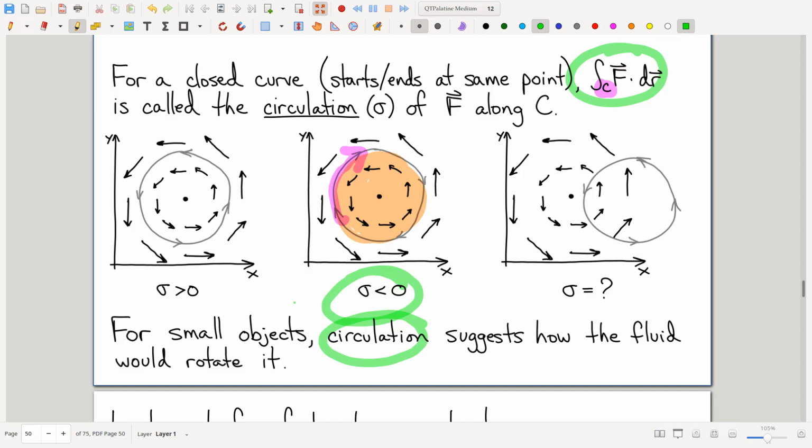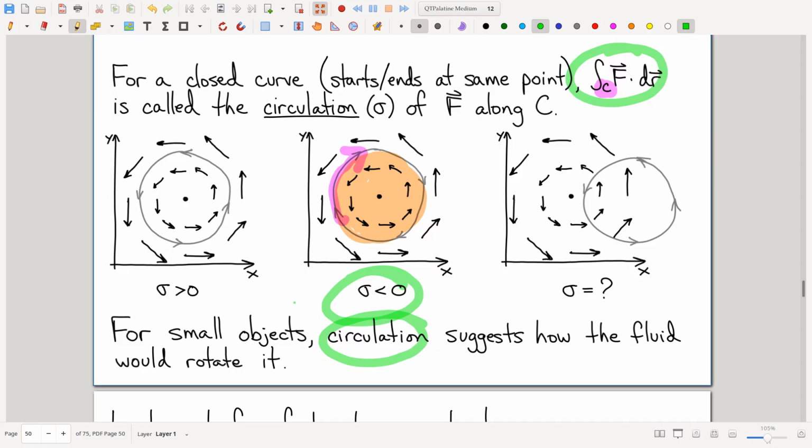Our curve, now being oriented clockwise, when we compute that circulation, we're going to get an answer to the question of to what extent this fluid is rotating this leaf floating in the fluid clockwise, because that's the curve we're using. And again, same fluid, same floating leaf. To what extent is that leaf going to be rotating clockwise?